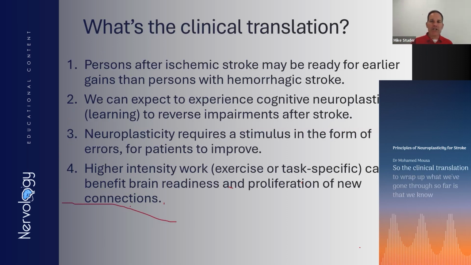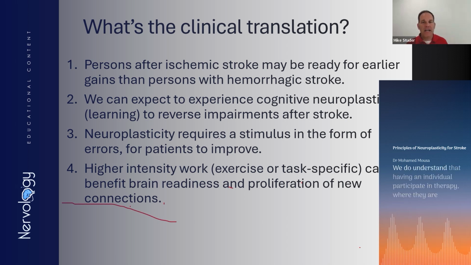So the clinical translation, to wrap up what we've gone through so far, is that we know that ischemic stroke can be stabilized earlier and can be ready for earlier rehabilitation. We expect individuals can improve through neuroplasticity in motor skills, in sensory skills, but as we're getting ready to advance into, also brains can make changes in cognitive skills.